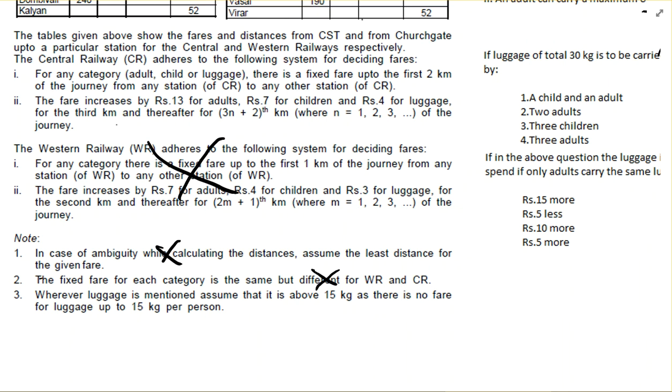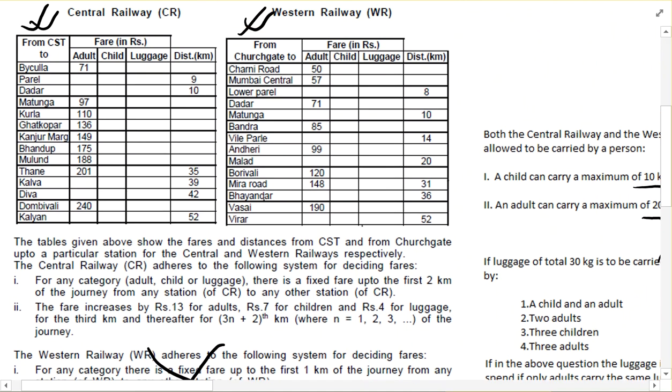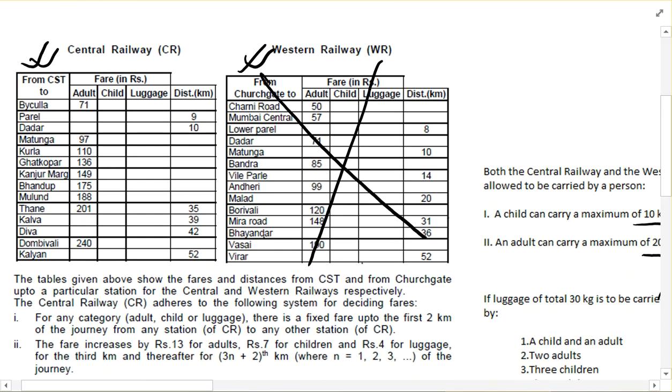Now for any category, adult, child or luggage, there is a fixed fare up to the first 2 kilometers, from any station to any station.